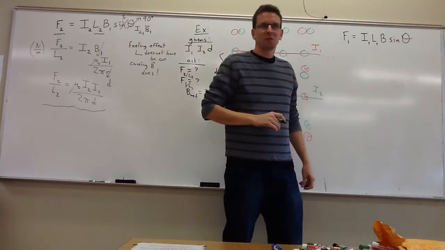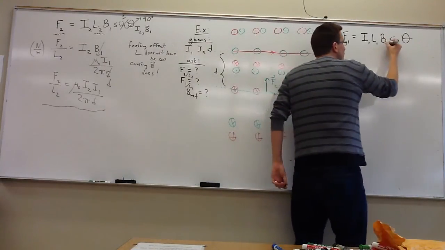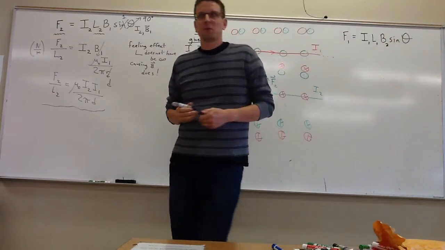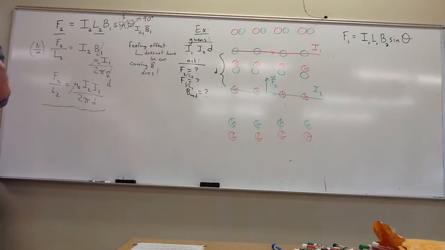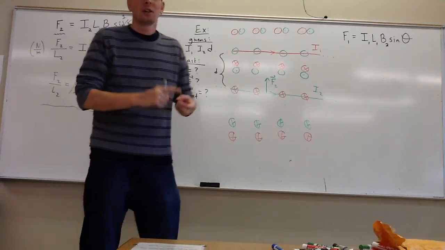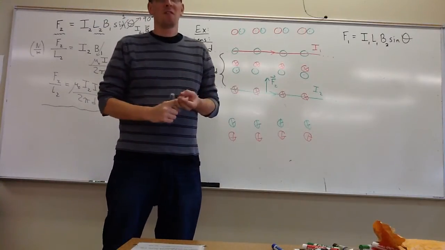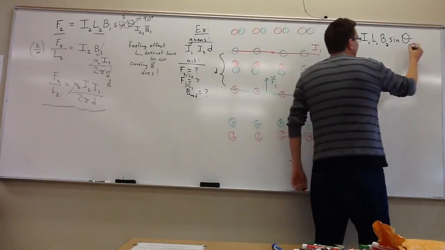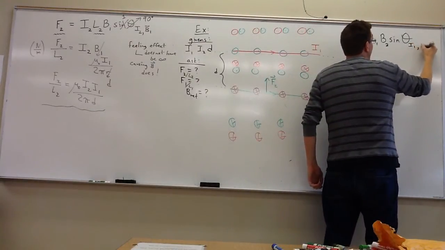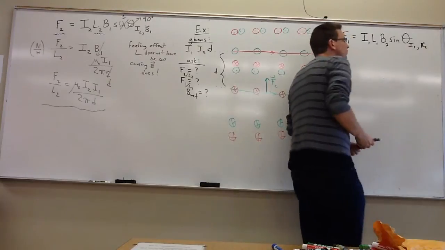Magnetic field 1 or 2? 2. So the amount of force that wire 1 feels has to do with the amount of current in it, its length, and the magnetic field that it feels, which is not from itself, but from something else. Okay? And this is the angle between I1 and B2.